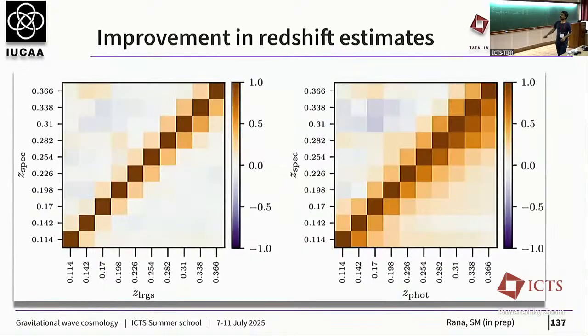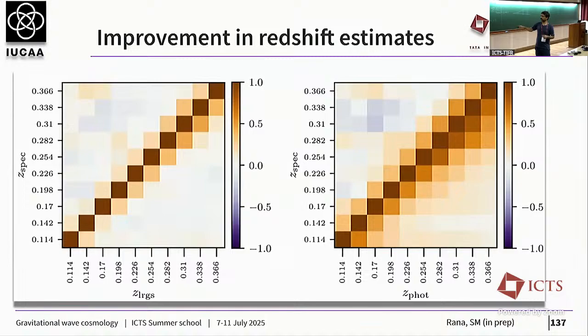So if you had not done any cuts whatsoever, this is showing the photometric redshift quoted, and this is the spectroscopic redshift quoted. Then you would see that for a given photometric redshift, there is a wide range in spectroscopic redshifts, if you use all of your galaxies. If instead you restrict yourself to the sample that we call luminous red galaxies, you see that this is much better behaved.